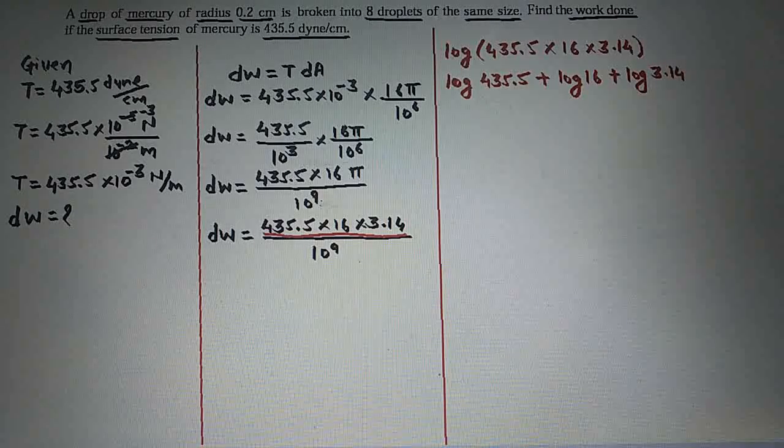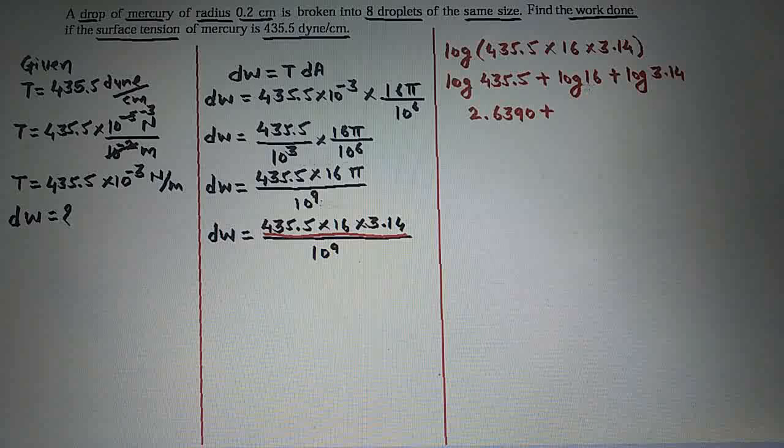Now we will first find out the log of 435.5 here, and this 435.5 having 3 digits in the integer part, so we will take first the characteristic that should be equal to 3 minus 1. As there are 3 digits in the integer part here, so we will take the characteristic as 3 minus 1, that should be equal to 2 point. We will take the mantissa of this 4355 from the log table, and that mantissa is equal to 6390 plus.